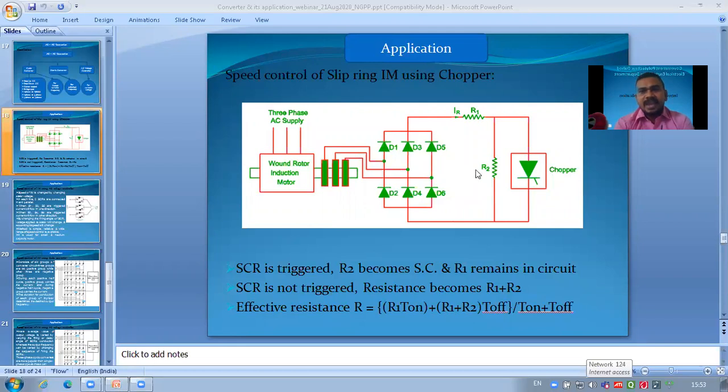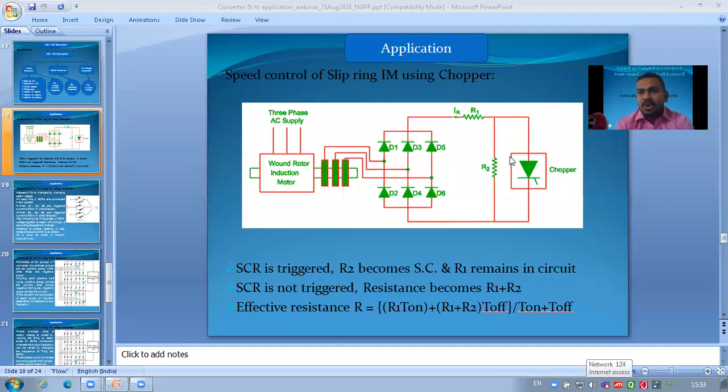As we trigger this thyristor, it becomes a closed path, and this closed path is connected across this R2 resistance. So it will make a short circuit of this R2 resistance. So the resistance remaining in the circuit is only R1.